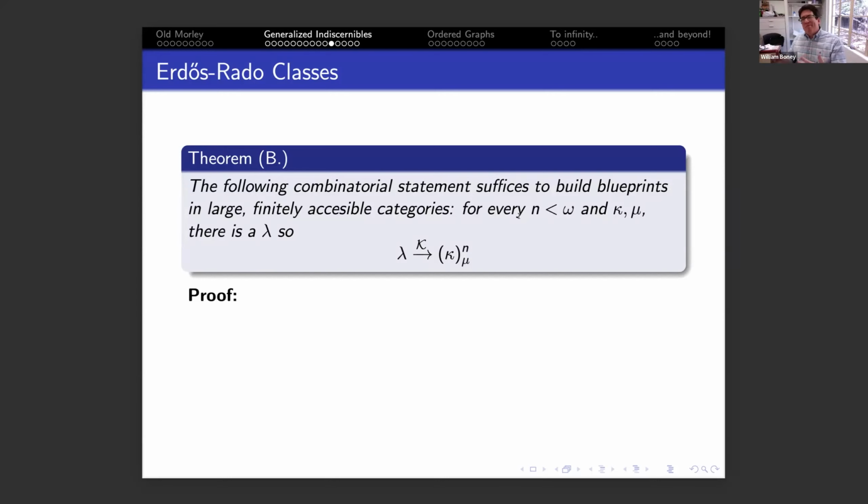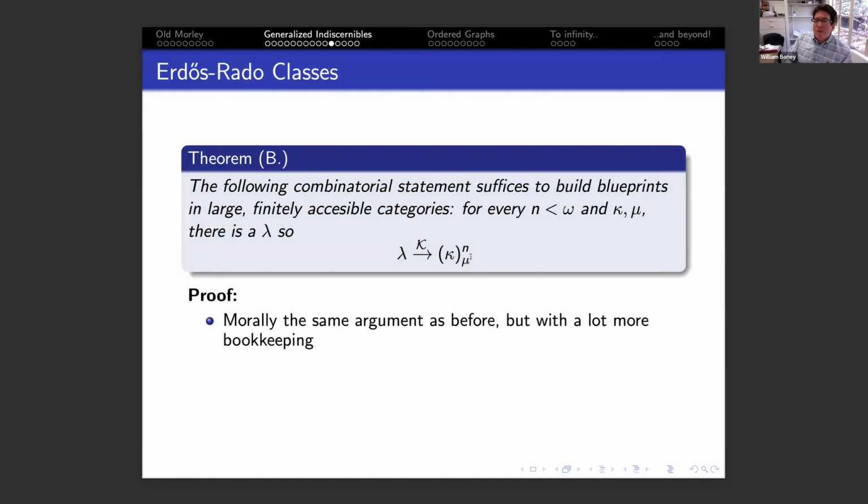It's basically what Ramsey's theorem says: fix all of these things on the right-hand side, and you want to find a lambda big enough to make this partition relation hold. But of course, now these are infinite cardinals, and the argument is morally the same. You do a lot more bookkeeping, but the same kind of bookkeeping, to imitate this ill-founded dream proof.